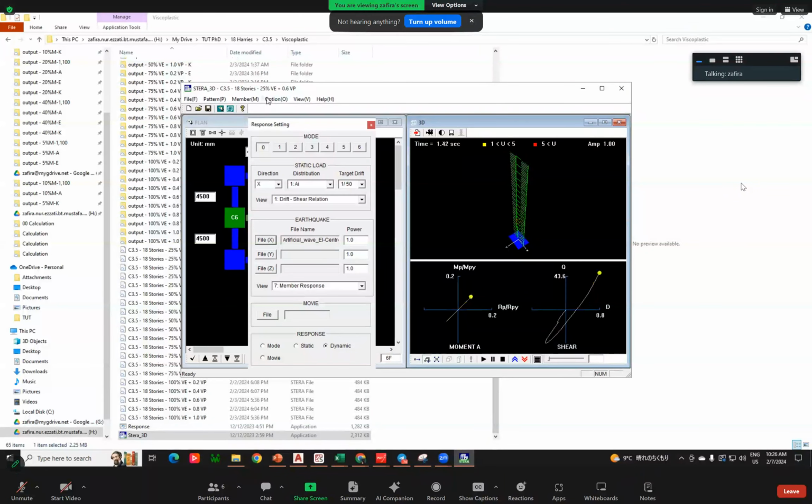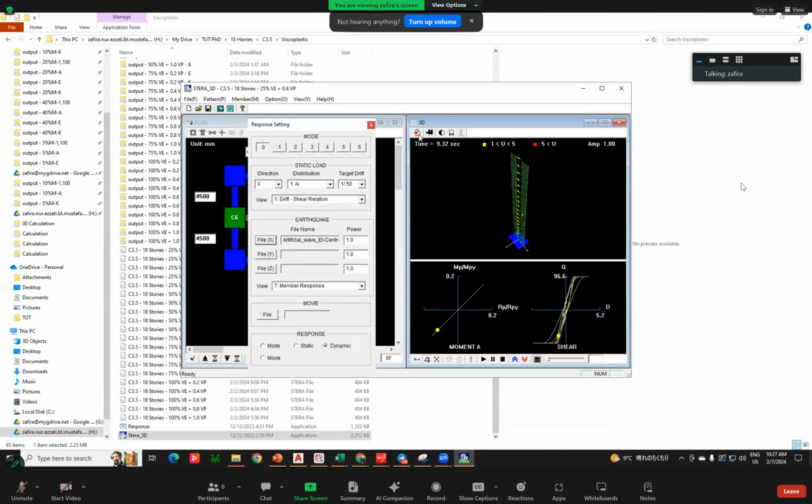So this is 25% to 100 kilonewton capacity with 0.6 friction damper. Could you get the output of damper?